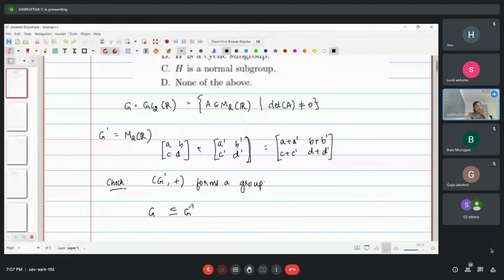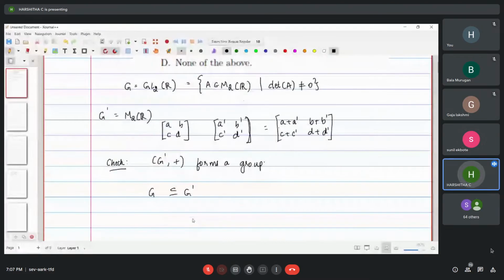But is it a group under the same operation? When we say something is a subgroup, what do we mean? We mean that whatever is the operation here, under the same operation, does the subset form a group, right? So let us look at that first.